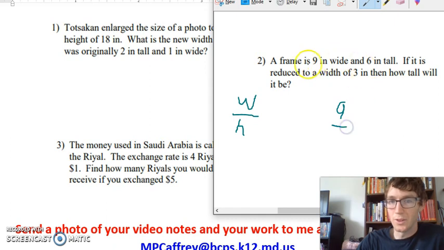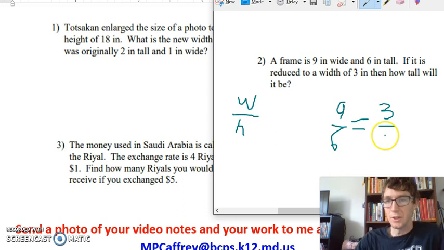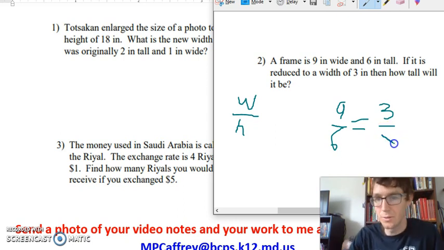And those proportions are going to be equal for this particular frame. So we got 9-inch width over a 6-inch height. It's going to be equal to a 3-inch width over what height? I'm going to call this x.